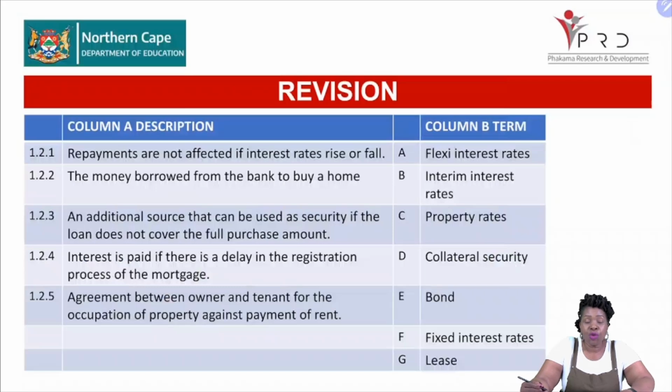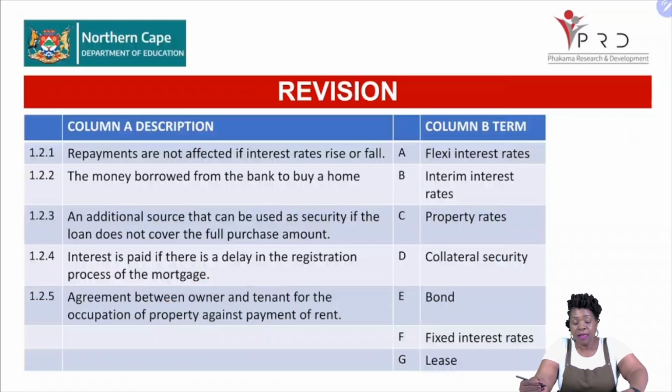And then 1.2.4 says interest is paid if there is a delay in the registration process of the mortgage. 1.2.5 says an agreement between the owner and the tenant for occupation of property against payment of rent.